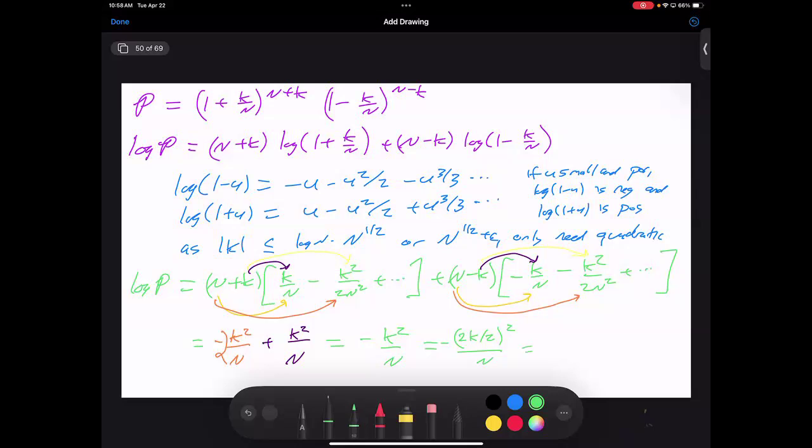So this becomes the same as negative 2k squared, and then down below we're going to have a 4n, or negative 2k squared over 2 times 2n, or negative 2k minus 0 squared divided by 2 times 2n. So I'm trying to impress you with my algebra skills because I just screwed up earlier. I got to redeem myself. Why would I write it as 2k minus 0 squared over 2 times 2n?